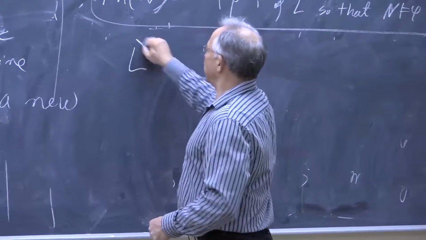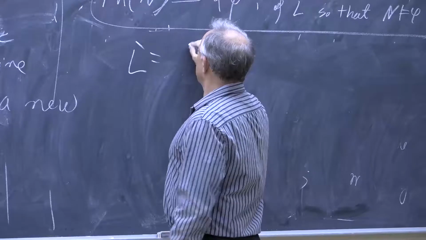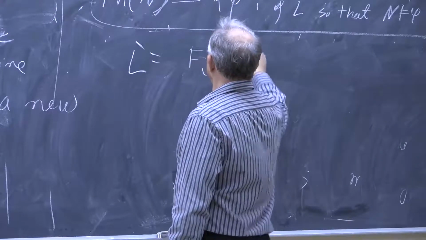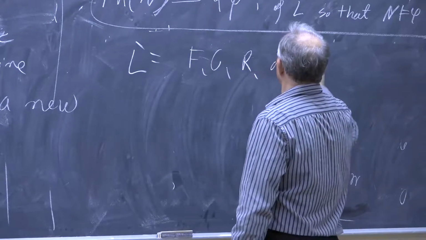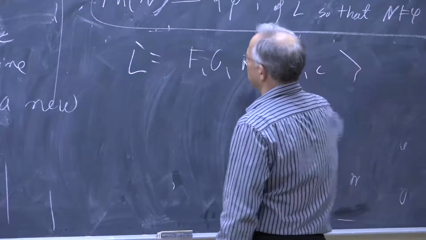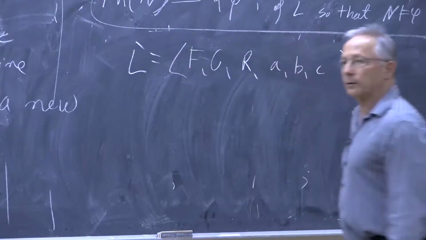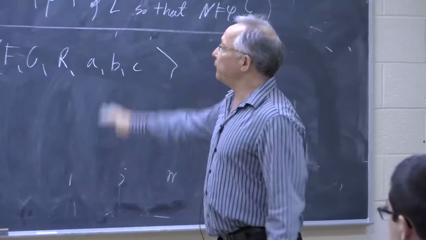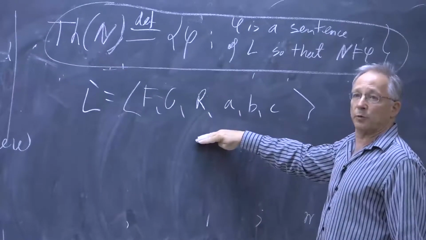So I have this language L prime that has F, G, R and A, B, C. I added a constant symbol to the language. Still, everything that's written here is in the language L prime.